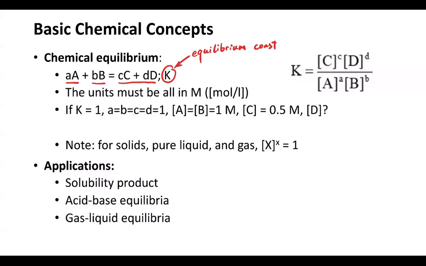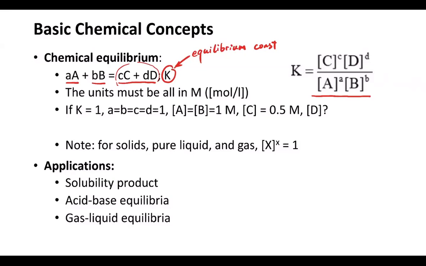The equilibrium constant is calculated by the concentration of C to the power of c, multiplied by the concentration of D to the power of d, divided by the concentration of A to the power of a, multiplied by the concentration of B to the power of b. Basically, it's the product of the reaction products to certain powers, divided by the same for the reactants of this reaction.